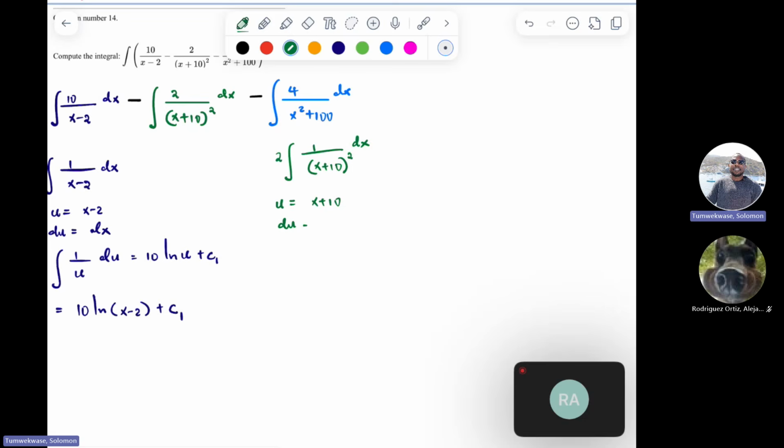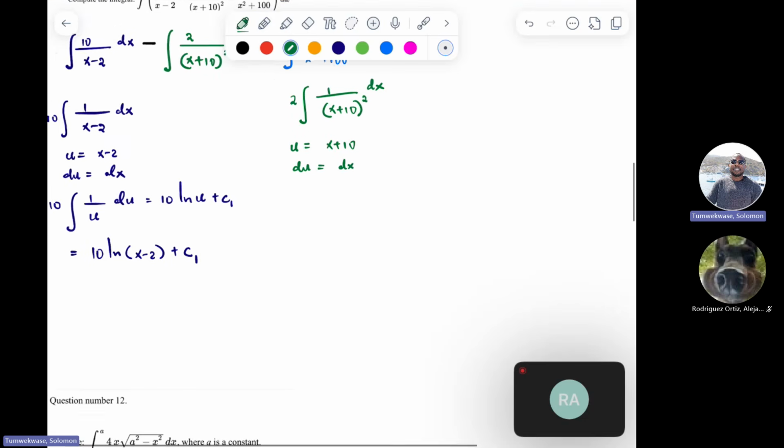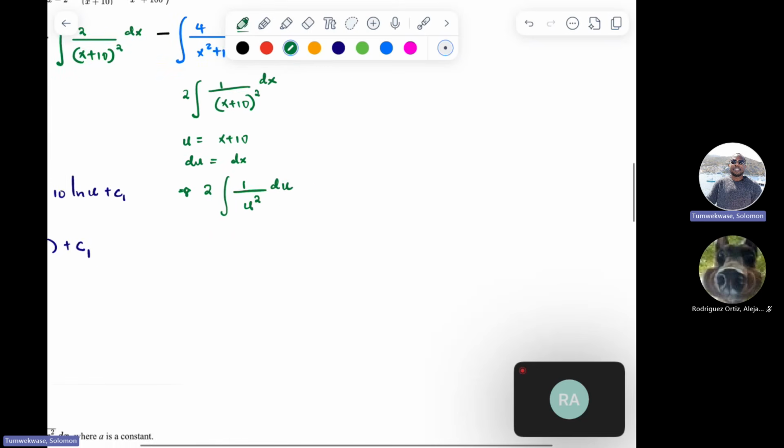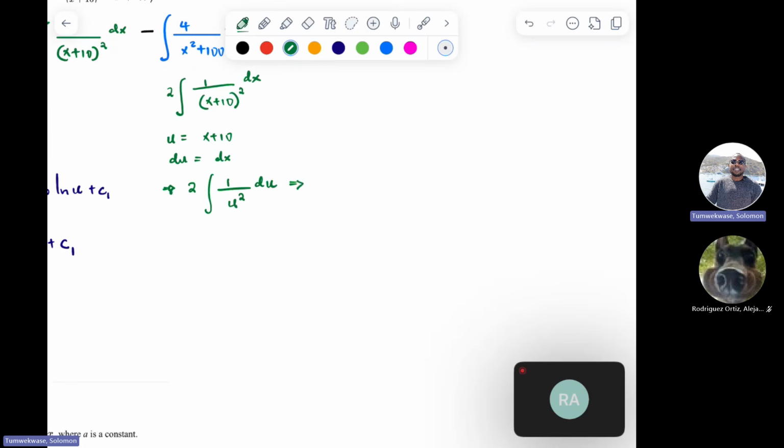Once again, du is the same as dx. When I substitute everything back, I have 2 times the integral of 1 over u squared dx, but dx is the same as du. I can write this as 2 times the integral of u to the power negative 2 du.